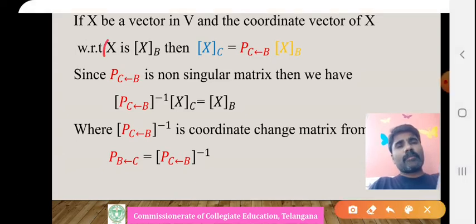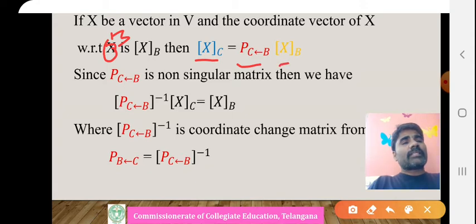Sorry, it is B, not x, it is B. Okay. Now let x be any vector in V, and the coordinate vector of x with respect to the basis B is xB. Then the coordinate vector of x with respect to C is given by the coordinate change matrix from B to C into the coordinate vector of x with respect to B.